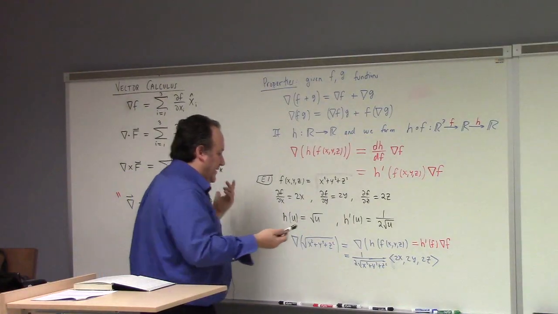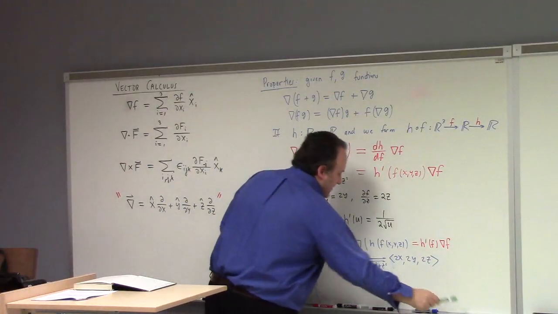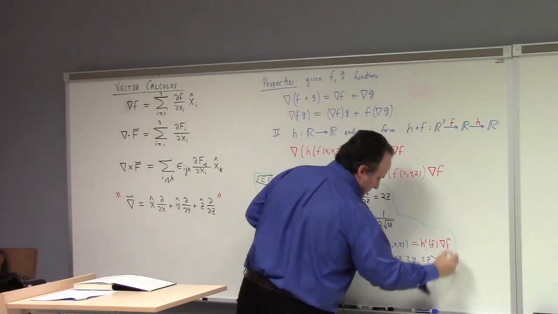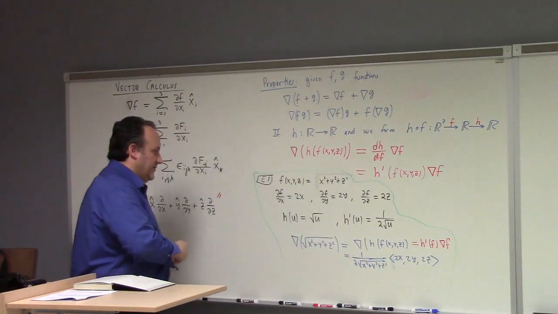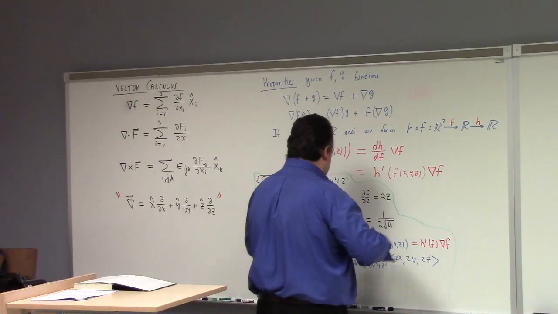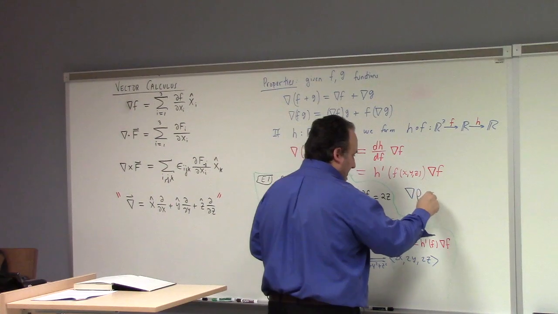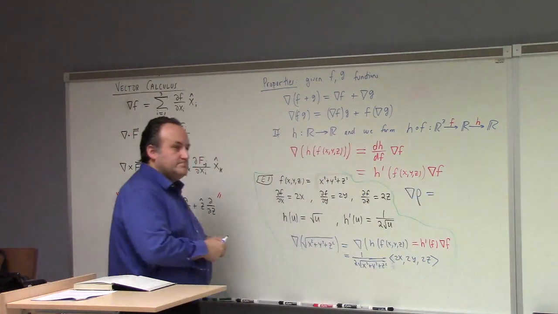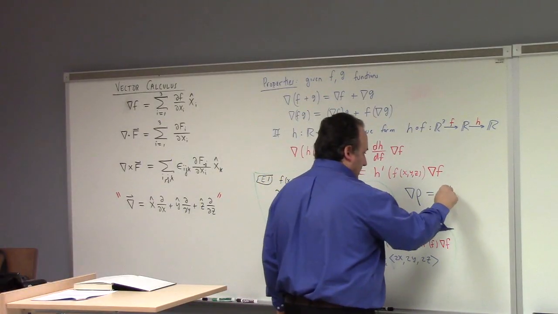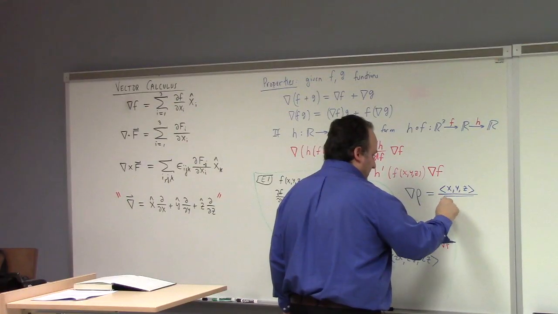Now, can you guys take this calculation that I'm doing here and see something from it? What does this calculation show in the blue, really? Another notation for this would be: the gradient of rho is X, Y, Z divided by the square root of X squared plus Y squared plus Z squared.